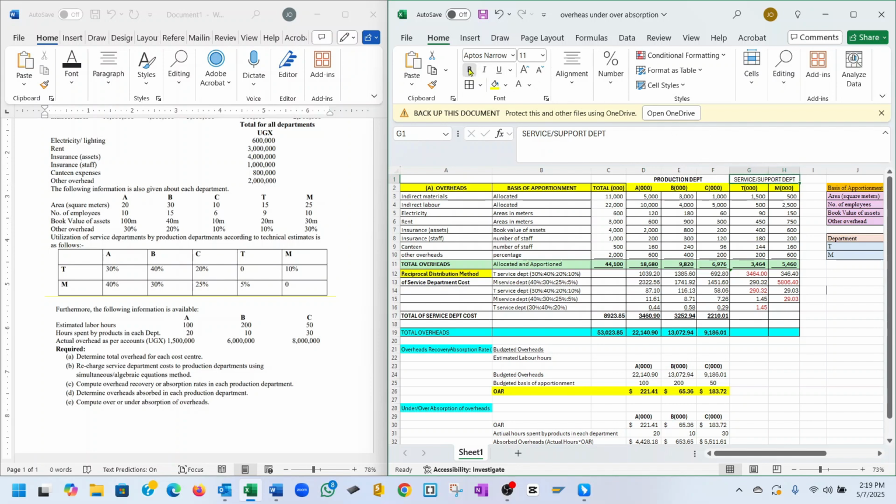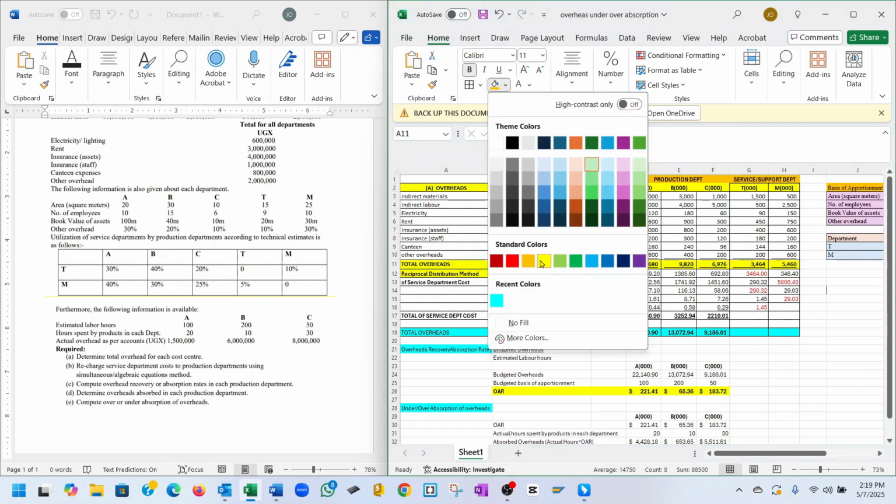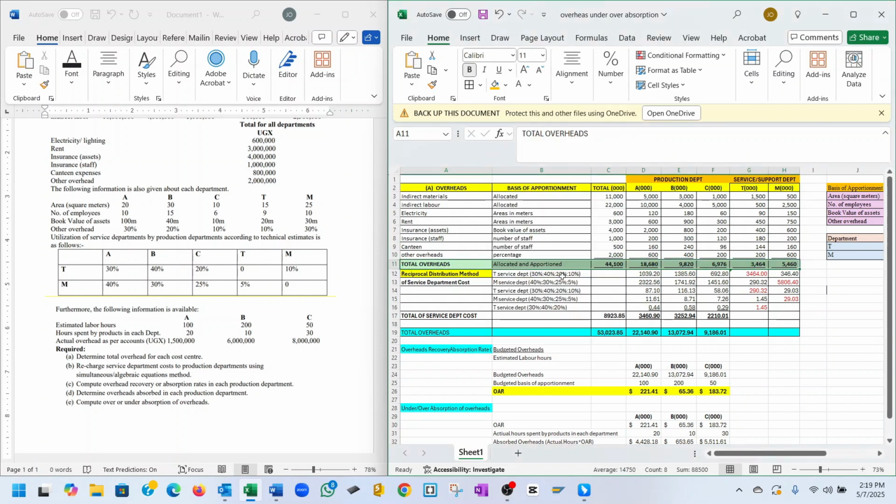So let's highlight here. What we are basically going to do is share the service department. Now, when you look at this particular section, you realize that the one highlighted in green, the total for service department T is 3464, and for service department M is 5460.